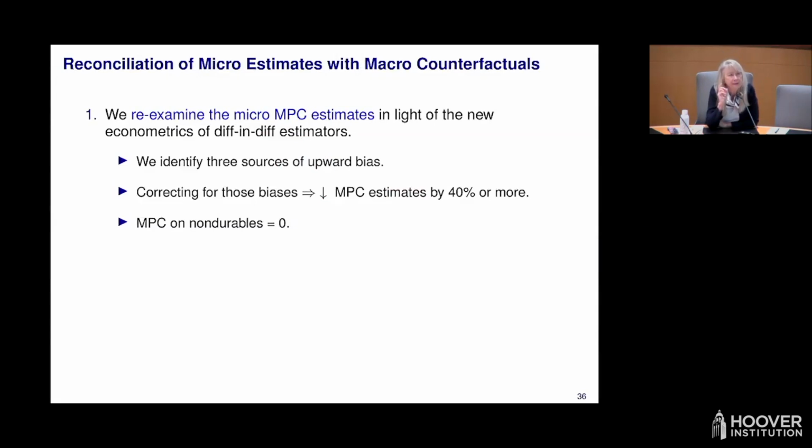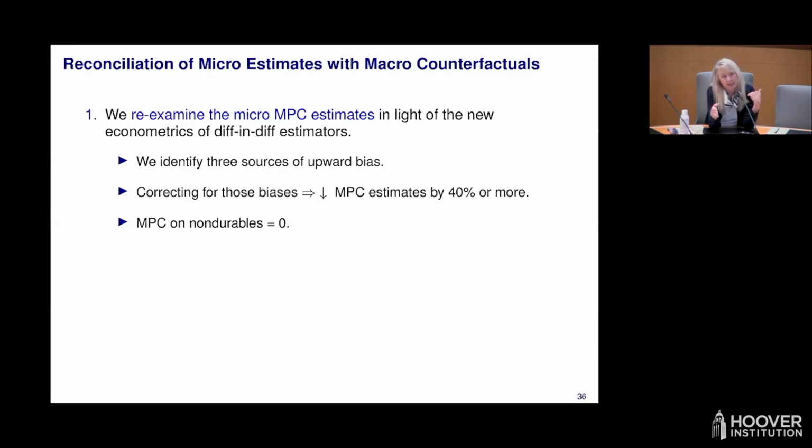Well, several things. First of all, we go back and re-examine the micro estimates in light of the new econometrics, all right? When they were doing their estimation, they were using state-of-the-art methods. And then this huge econometric literature came out that figured out that there were all these issues with diff-in-diff methods, all right?